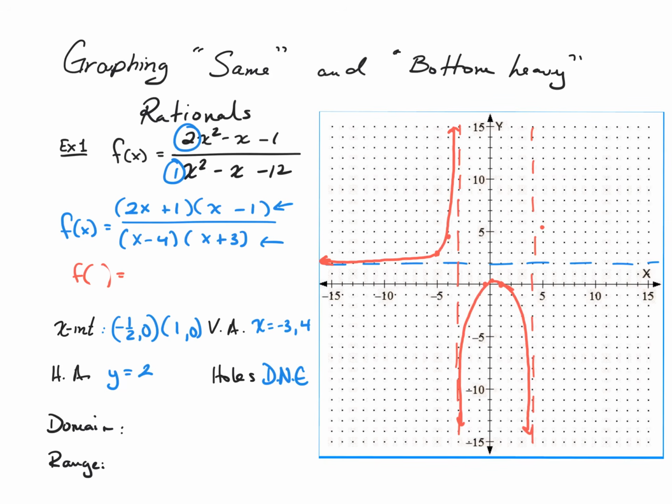I plug in 20 and I get 41 times 19 all over 16 times 23. 41 times 19 is 779, and then 16 times 23 is equal to 368. So I take 779 divided by 368, and I get a number that's just above 2.